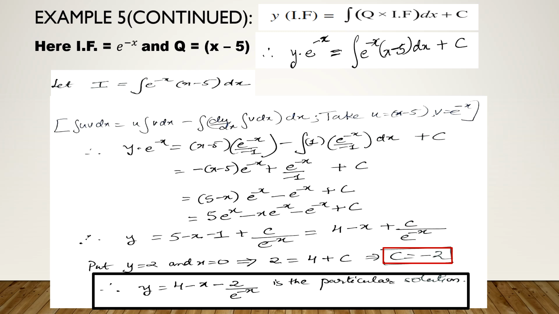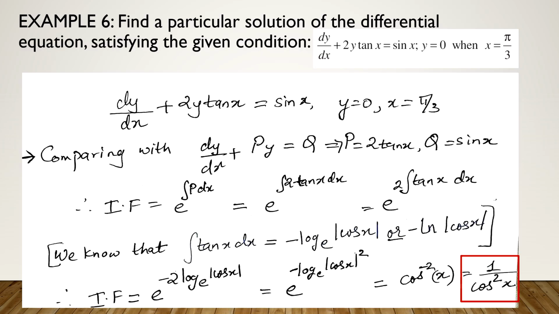For getting the particular solution, put y is equal to 2, x is equal to 0. So you will get the value of c as minus 2. So the particular solution to the given question is y is equal to 4 minus x minus 2 upon e raised to minus x.